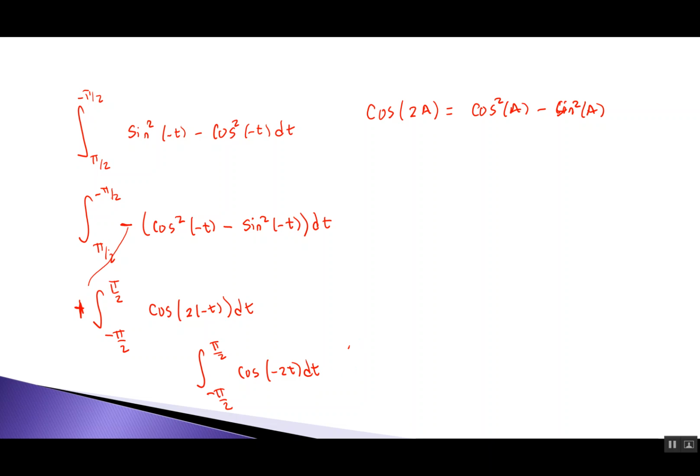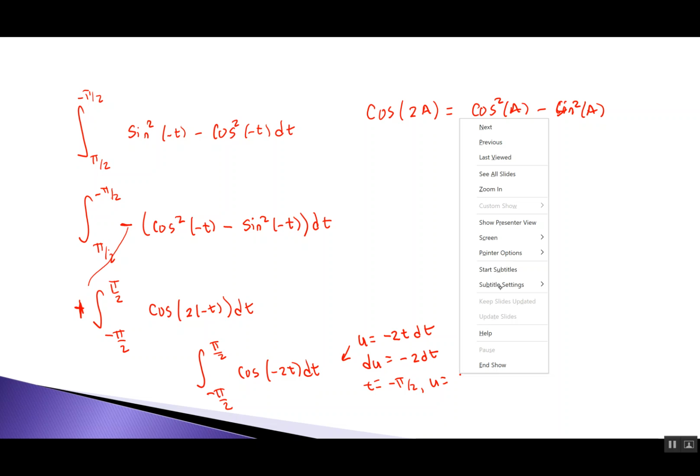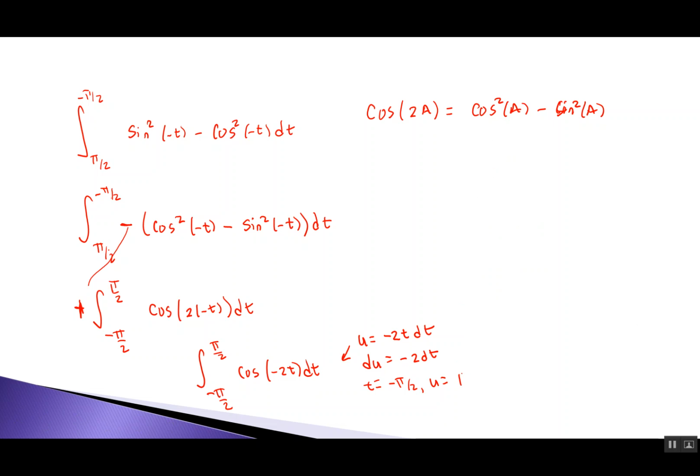And I know that you can handle this one with a u substitution. du will be negative 2 dt. And when t equals negative pi over 2, u is negative 2 times negative pi over 2, which is pi.